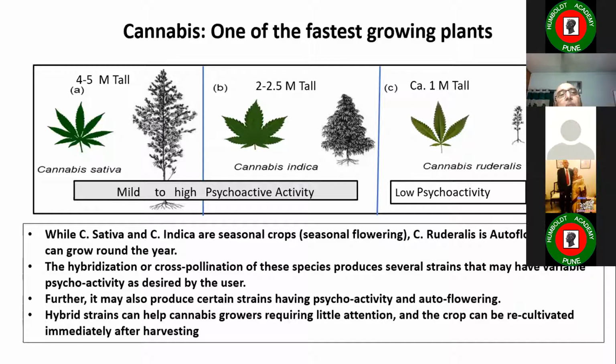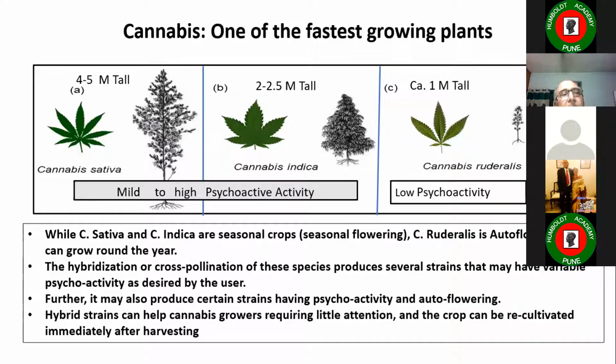This one is very tall, around 15, 16, 18 feet high. The indica has broad leaves, very bushy, but grows up to say 6 to 7 feet. And then this is ruderalis, which grows wild and is not seasonal. All these things you can read below.